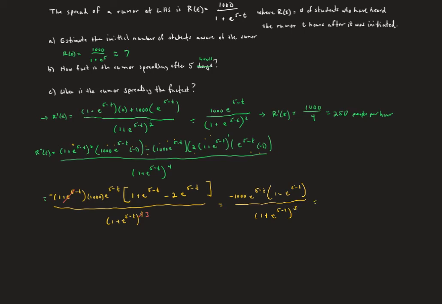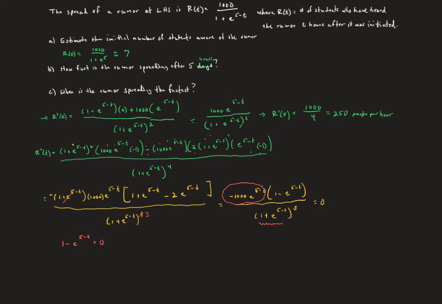We want to know where it is equal to 0, and the good news is that we don't have a lot of choices here. Now an exponential is never 0, so this is not going to make anything 0. This is never going to be 0. So essentially what we get to do is say just that 1 minus e to the 5 minus t equals 0.